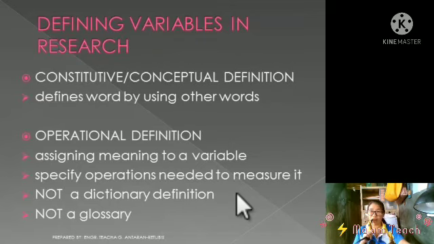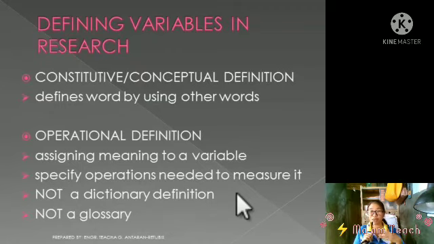Now, how about operational? From the term itself, operation, you are giving meaning to a variable which specifies the operations needed to measure it. Okay? It is somewhat a manual instruction of the researcher to measure the variable.